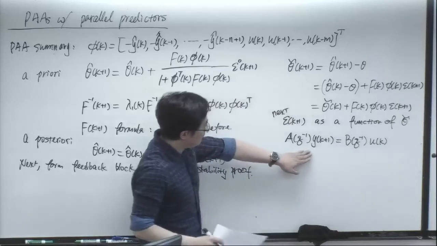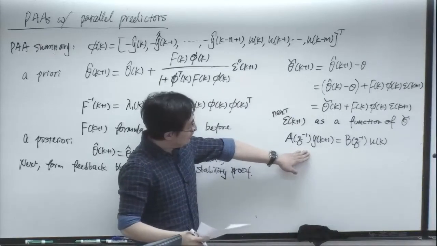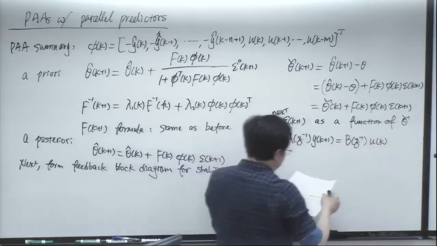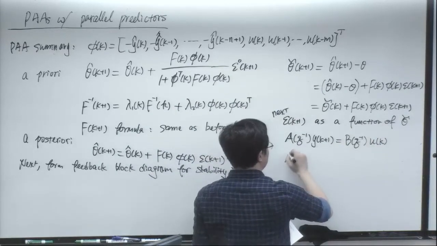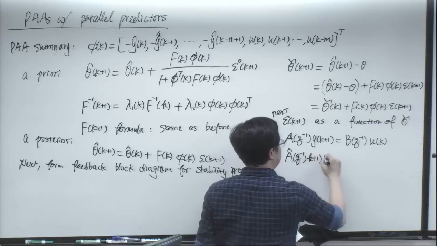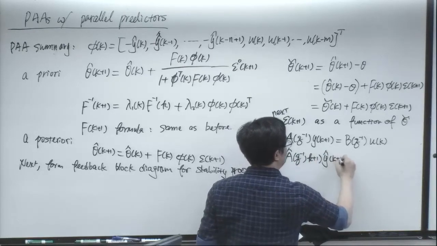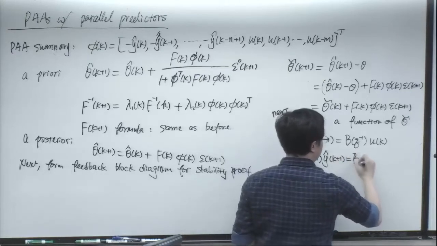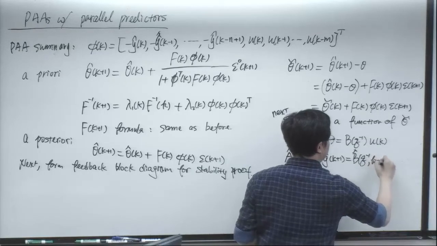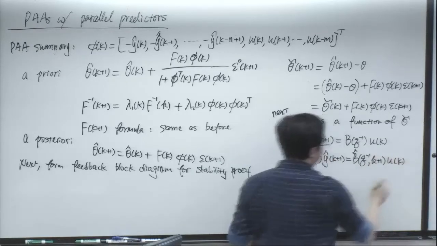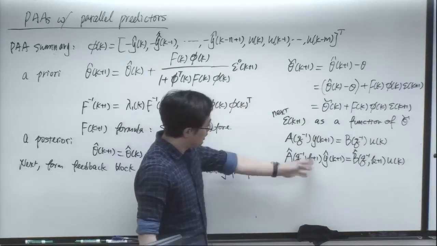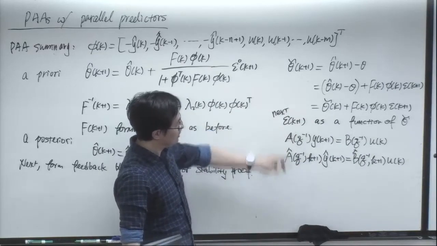This is the plant model. And the predictor formula over there is, so we've got to do some subtraction to create this epsilon k plus 1 signal.